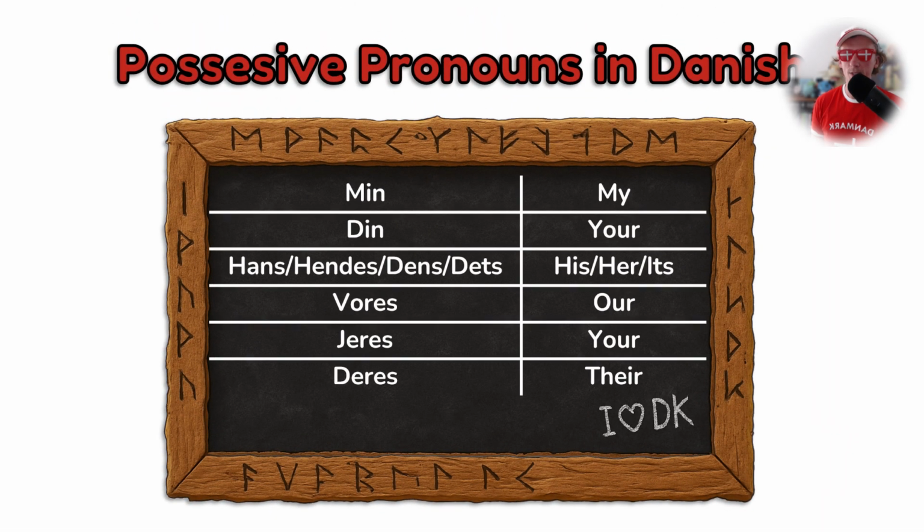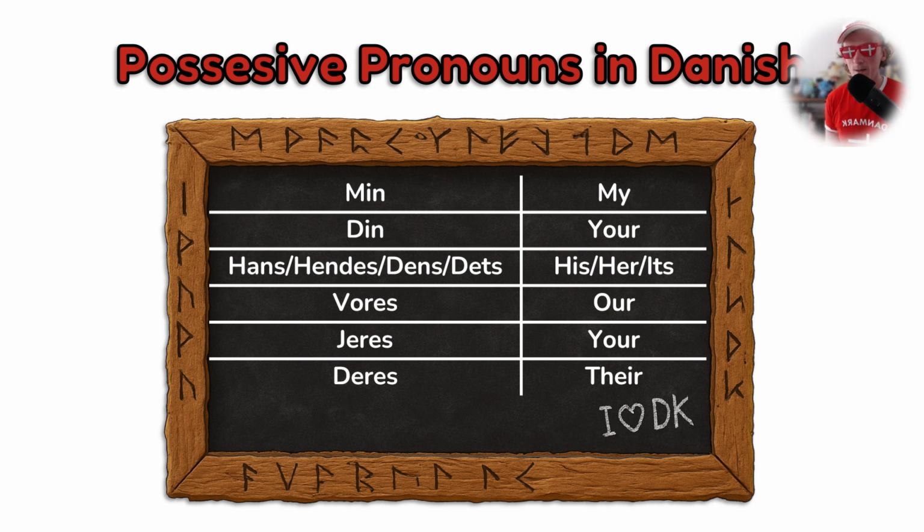Okay, now let's jump on to the possessive pronouns. These are used to show ownership. You can think possessive, possession. So the question is, whose possession is it? Min is my. Din is your. Hans, hendes, dens, dits is his, her, or its.